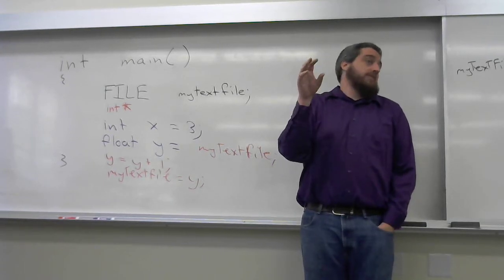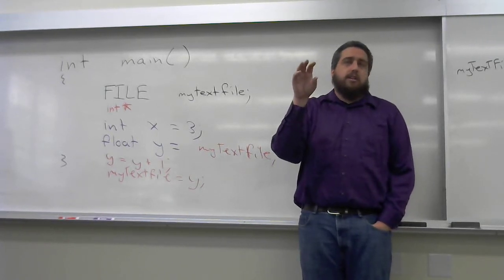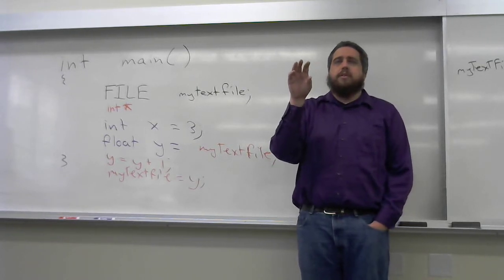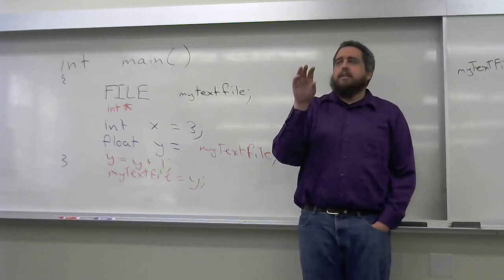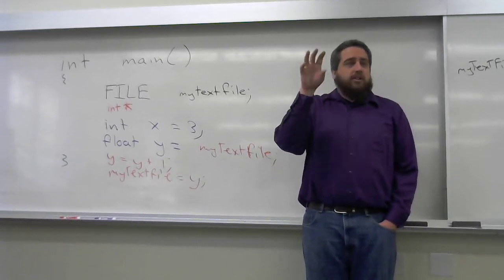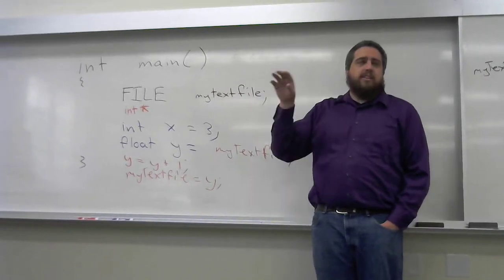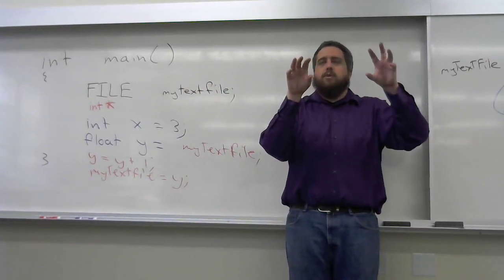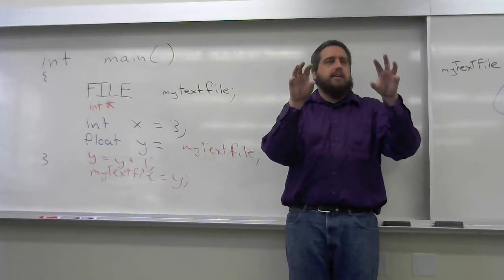What can I do with files in Java if we're not doing C? It's the same thing. What do I get out of them? Strings, right? So I have a bunch of strings that I can get out of a text file. Then I have to look for another specific string. How do I compare two different strings in C?